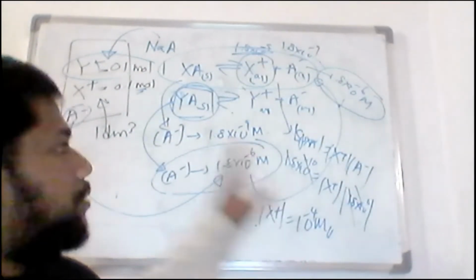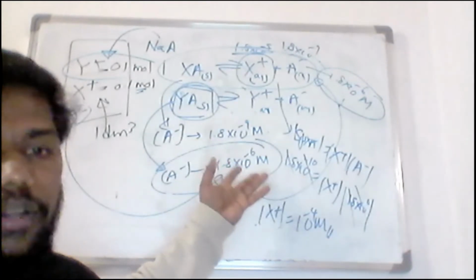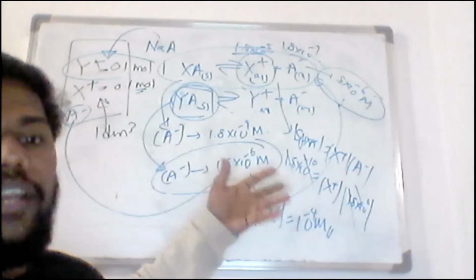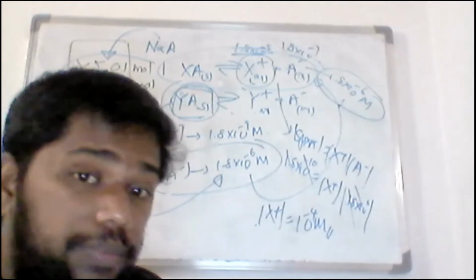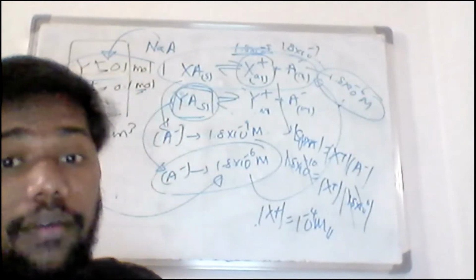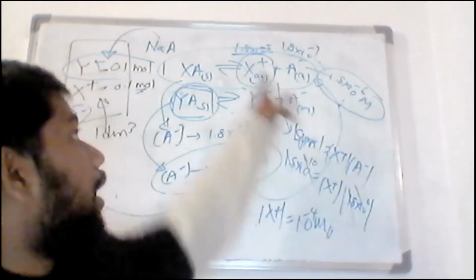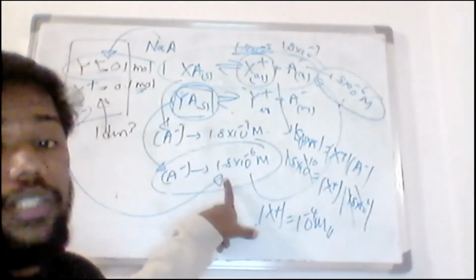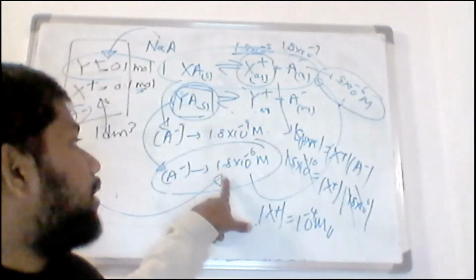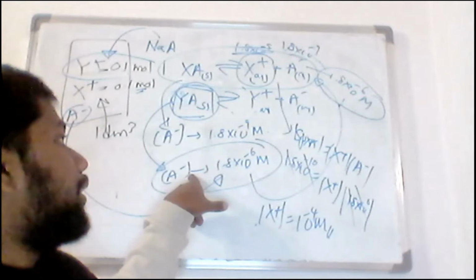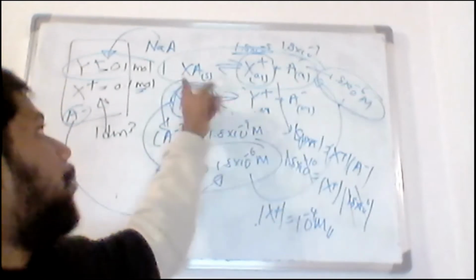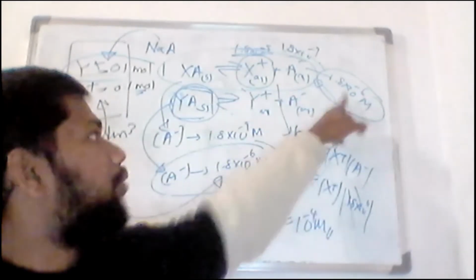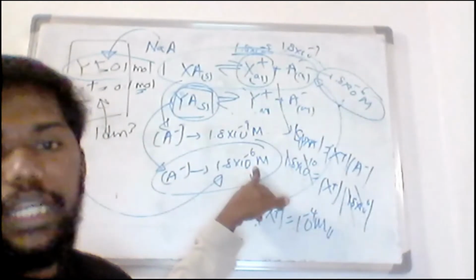Okay. So this was again a theory question. We calculate first which precipitate forms, and second, what is the remaining concentration of the cation when the second precipitate starts. Because when the second precipitate starts, the A minus concentration is common for this equilibrium and this equilibrium, so it should be 1.8 into 10 to the power minus 6.